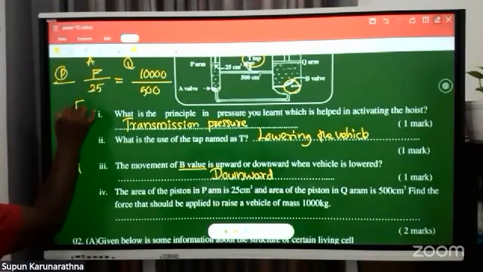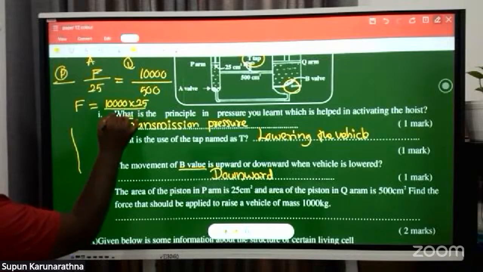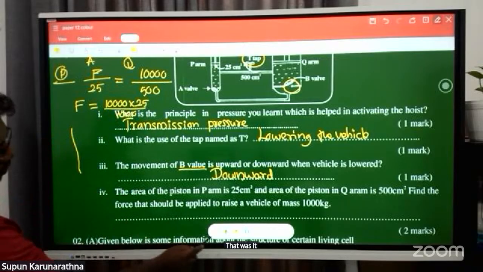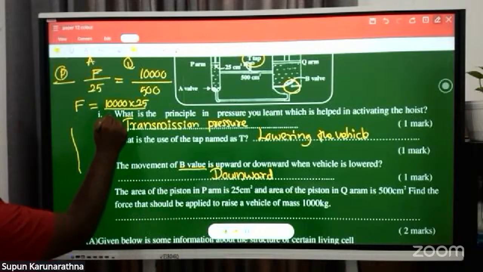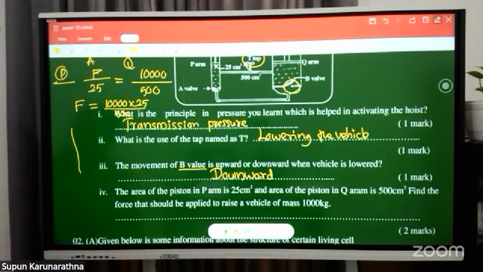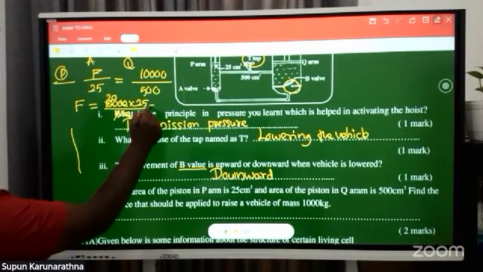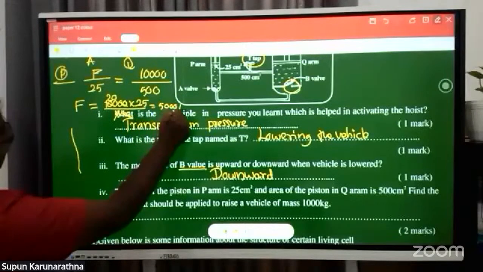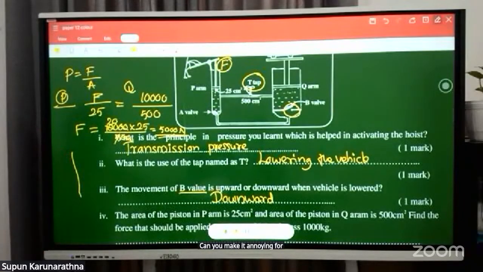F equals 10,000 divided by 500 times 25, so the answer should be 5,000 Newtons. P equals F by A. Here is the way we have to find the answer.